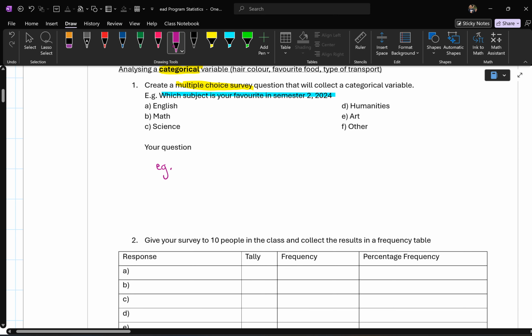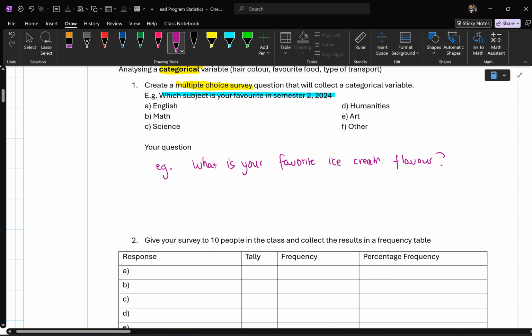That's where you can create your question here. Some examples could be, what is your favorite ice cream flavor? That could have been your question.